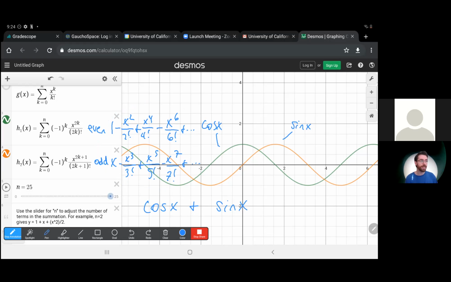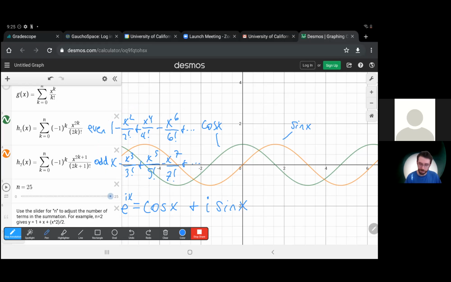And we would get something really close to e to the x. If I wanted it to exactly be e to the x, I could plug in, well, this isn't exactly right. Anyway, you get a formula that looks something like this. You have to introduce complex numbers, but e to the ix equals that.